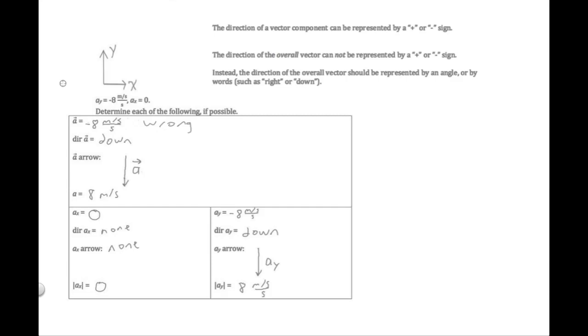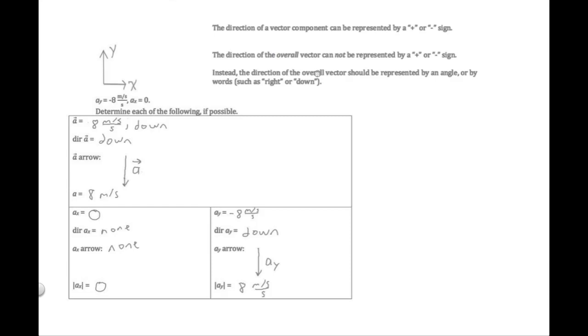That's the reason why it's good to use plus and minus signs to represent directions for components, but it's wrong and unhelpful to use plus and minus signs to represent the directions for overall vectors. Instead, we have to represent the direction of an overall vector with an angle, or, as in this case, by a word such as down. That way, any reader could look at this information and know what the actual direction of the overall vector was.